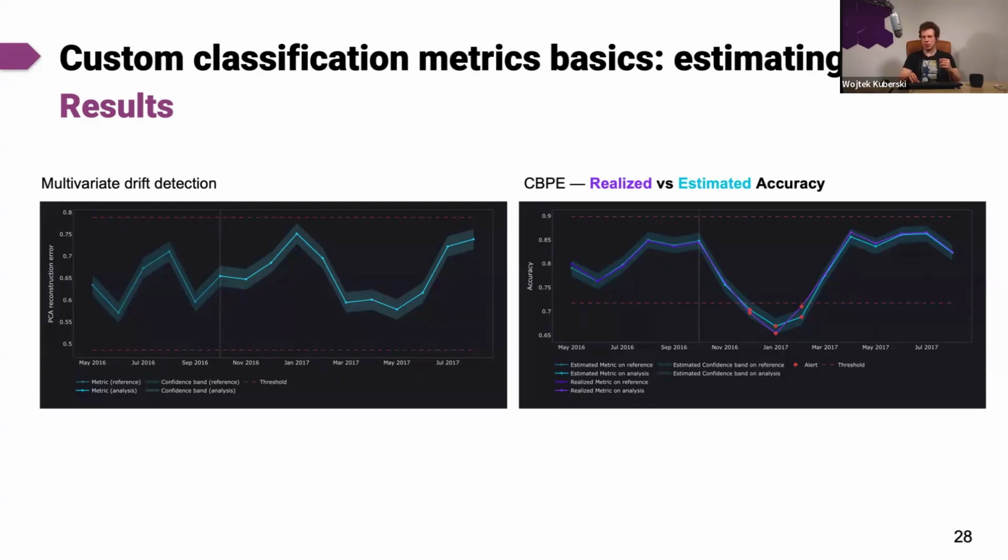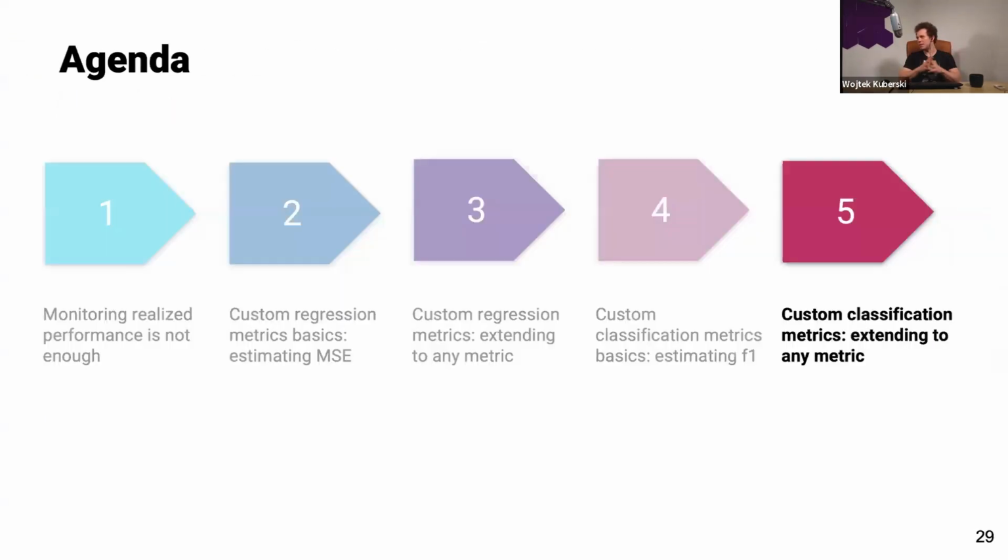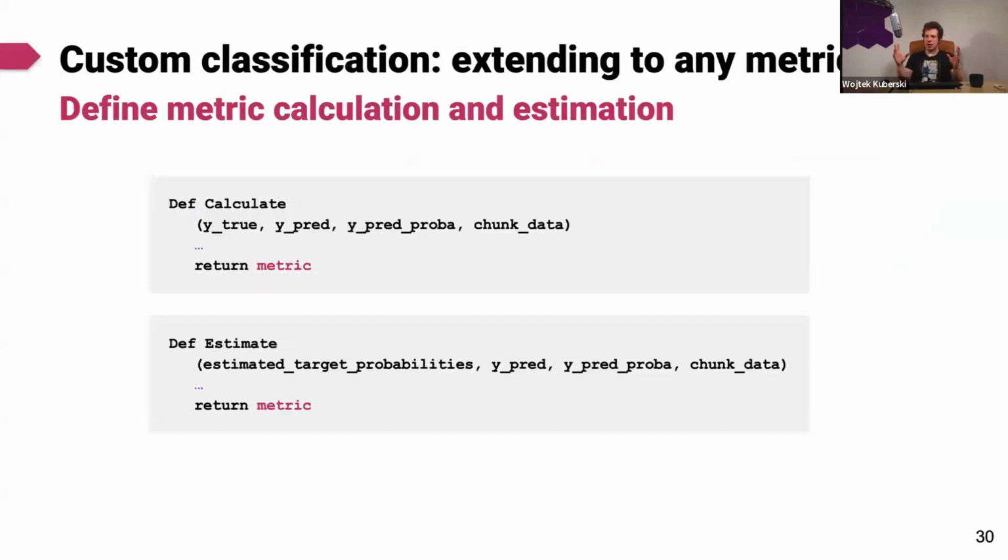Now, the last part of the webinar: how we can extend this idea of estimating accuracy to any metric. And let's talk about, again, what are the things that we need to provide. Here, both to estimate and to calculate a custom metric, we need to provide the column that has the targets. And again, of course, we only need the targets for either computing the actual performance that we get, or for fitting the calibrator on the reference data.